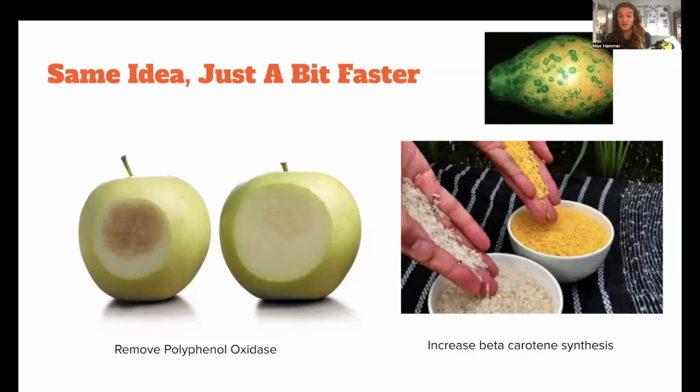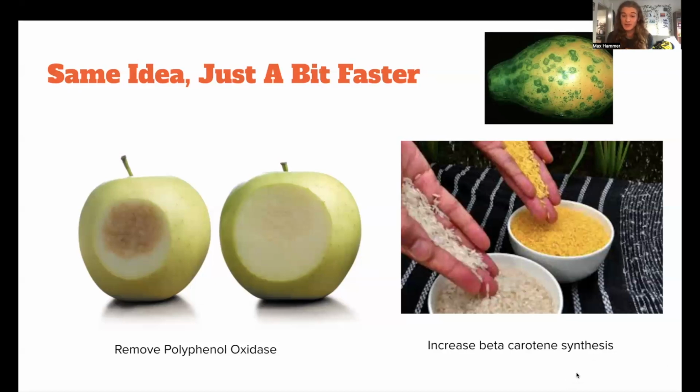Then there's this example of rice. Instead of turning a gene off, this is an example of inserting a gene and turning it on. In countries that are currently struggling to have enough food to eat, something that is very easy to grow is rice. And a lot of countries eat a lot of rice, and that's where a lot of their nutrition comes from. But rice doesn't have a lot of vitamins in it.